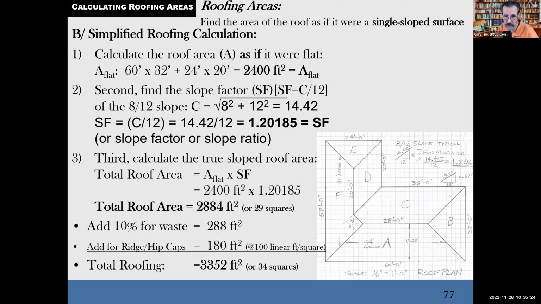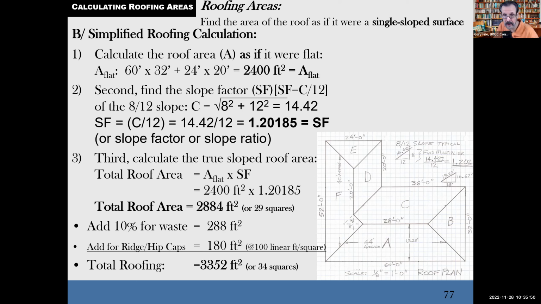There's another one that's a nice round number, and that's a 9/12 slope. You'll find a lot of 9/12 slopes out there, because the carpenters and the roofers love it. It's nice round numbers to work with. It's not as easy to walk on a 9/12 slope as a 5/12, but still, the math is simple. For the 9/12 slope, the hypotenuse is 15.